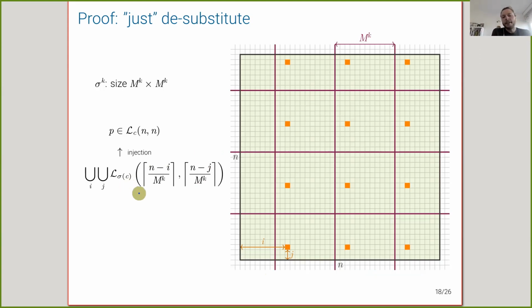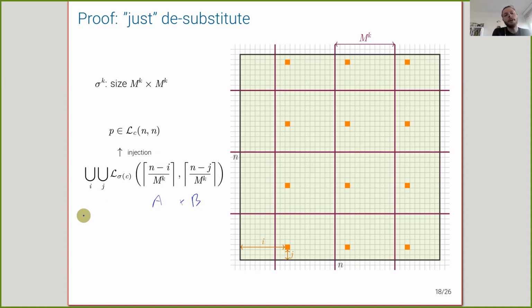I exactly see this number of marked positions. So in other words, for any pattern of size A times B, I can build one pattern of size n, and this for any different i and j.